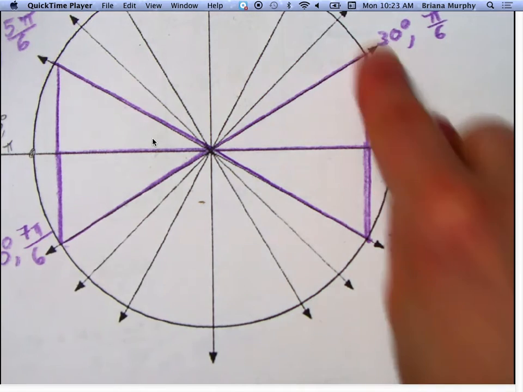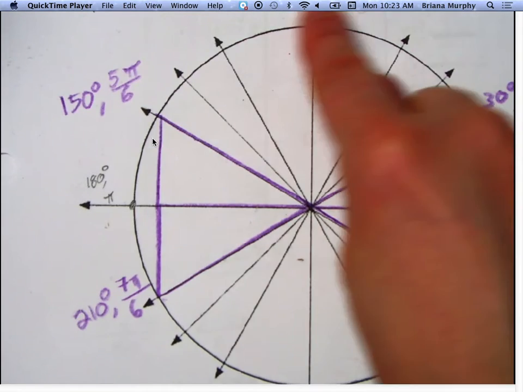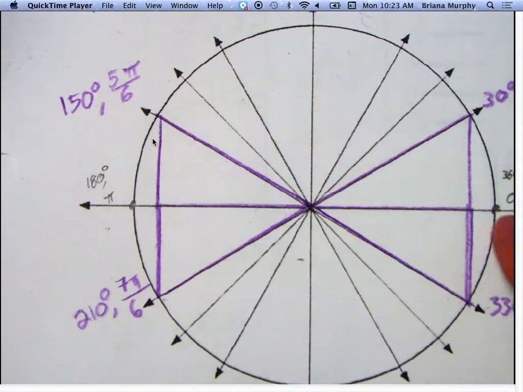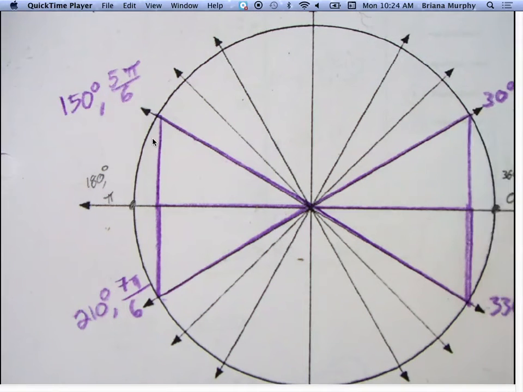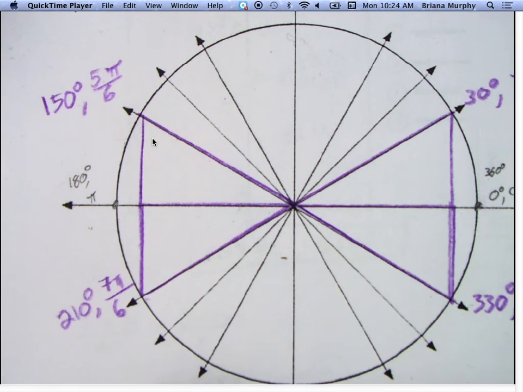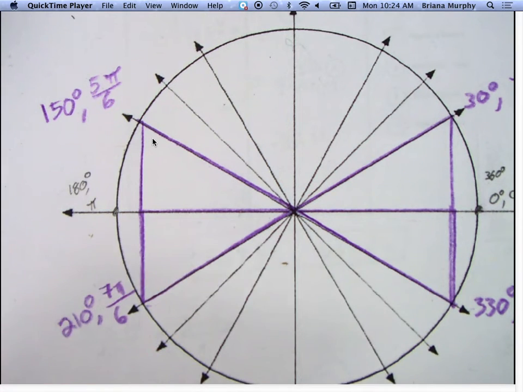So this distance is 2 pi. So this distance from here to here, half of 2 pi, is just pi. Now this distance from here to here is pi over 6. If I go from here all the way to here, I get 5 pi over 6. That part. Questions?